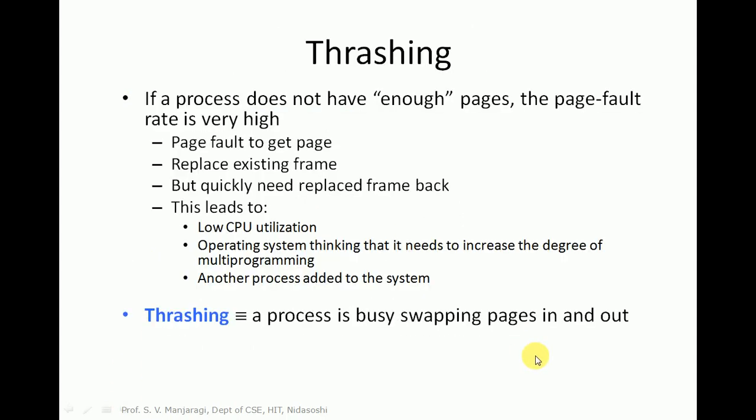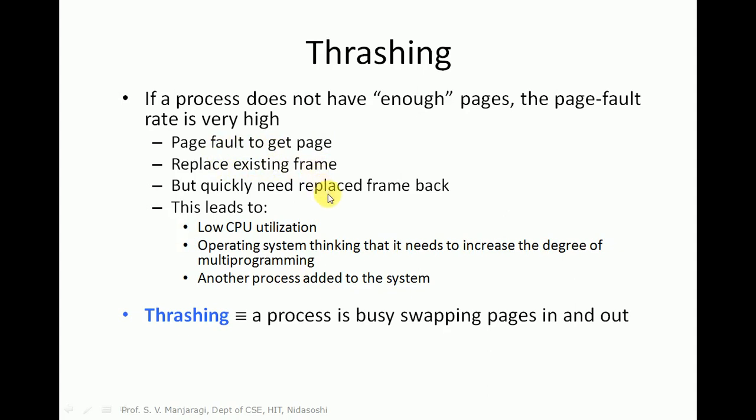Now let us move on to the next topic, that is thrashing. If a process does not have enough pages, then the page fault rate is very high, and whenever there is a page fault, we need to replace an existing frame.